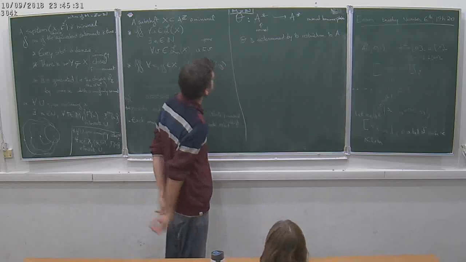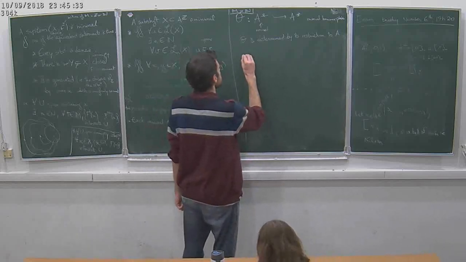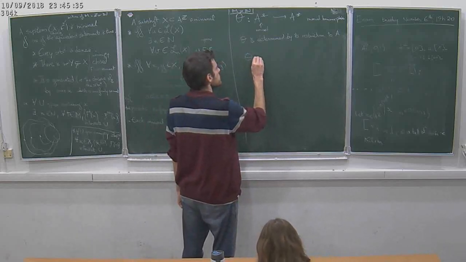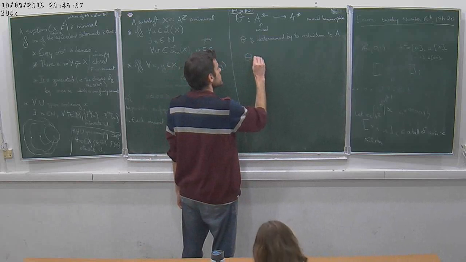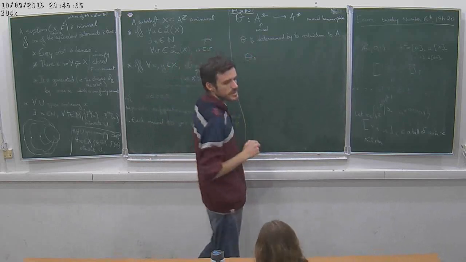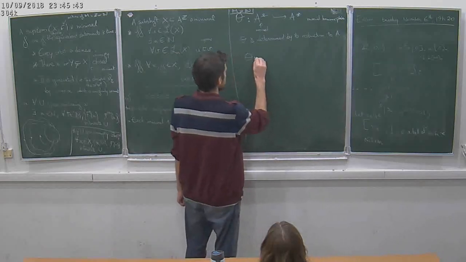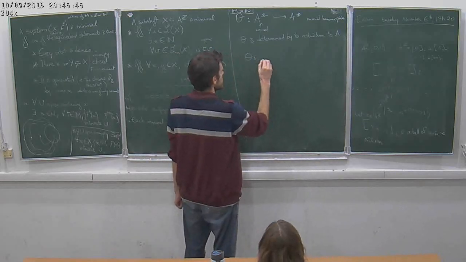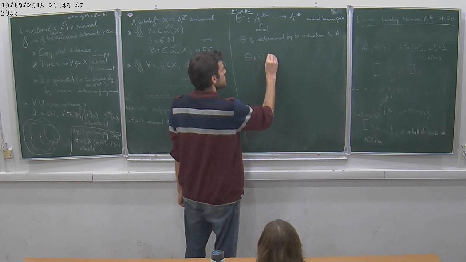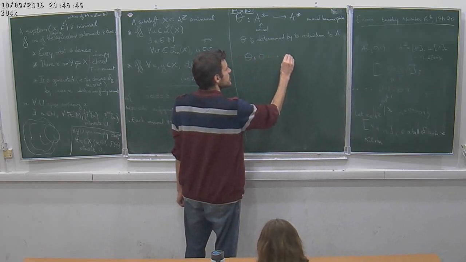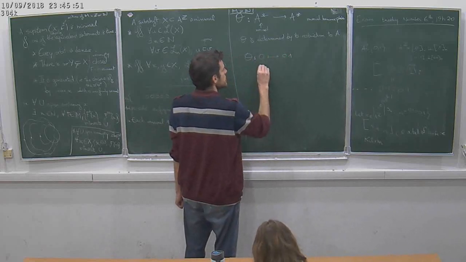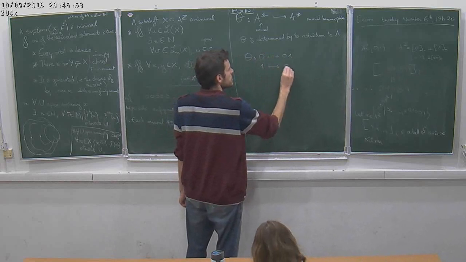So what will I do with this? Let's see an example. Do you prefer 0, 1 or a, b as an alphabet? 0, 1. Okay. So theta of 0 is 0, 1, and theta of 1 is 0.